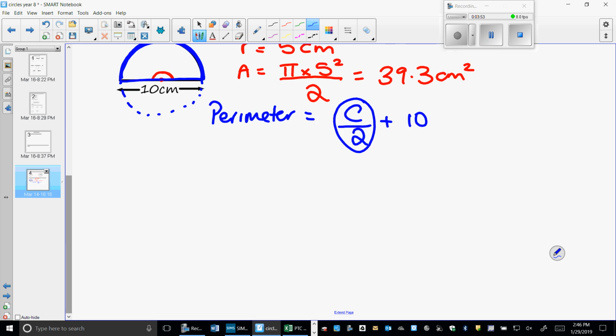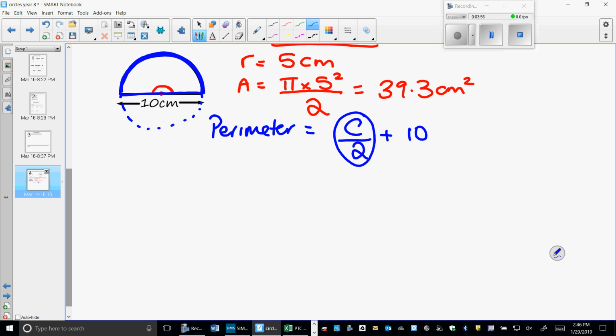So how do we find the circumference of a circle? Sarah? You do the diameter. So let's say your diameter was 12. Well, our diameter is 10. So the radius is 5, and then you multiply.